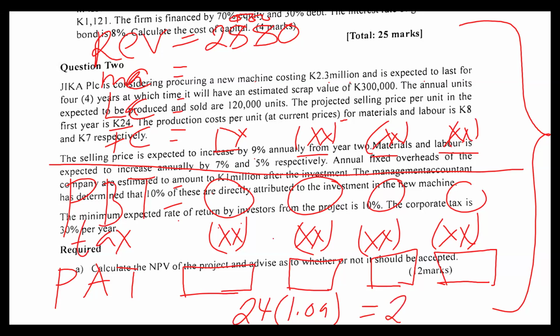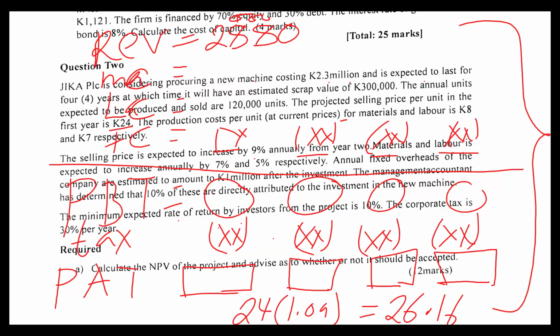Because this 26.16 will be your selling price in the second year. Your selling price in the second year shall not be 24, but it would have grown by 9%. So it shall be 26.16. And multiply that by 120,000, and then you're okay.